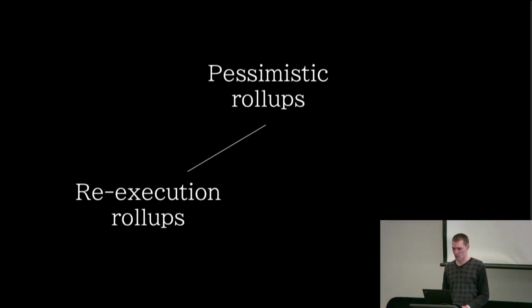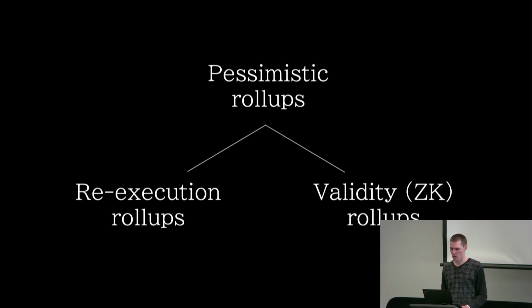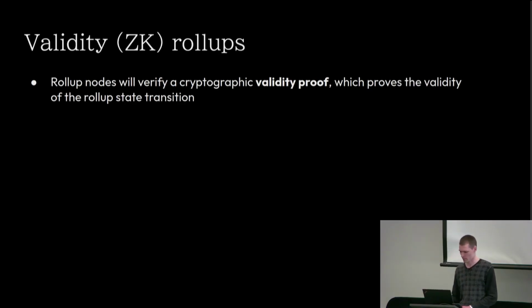Those are re-execution rollups. And we also have validity or ZK rollups. In validity or ZK rollups, rollup nodes will verify a cryptographic validity proof, which proves the validity of the rollup state transition.